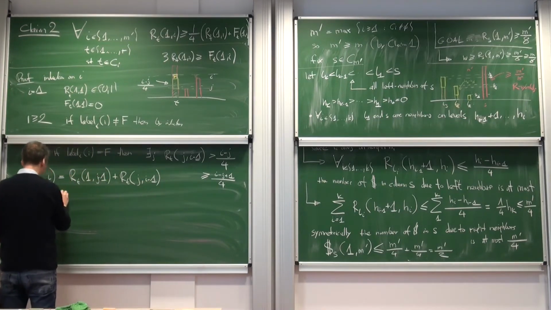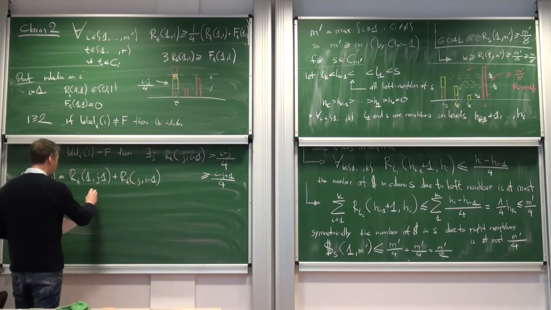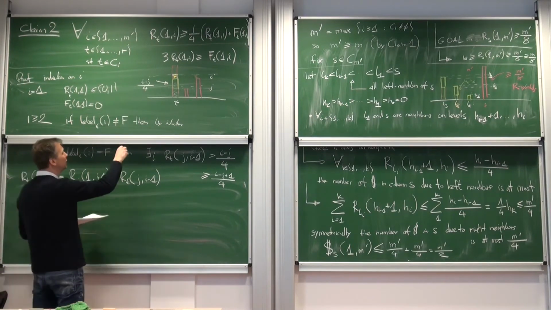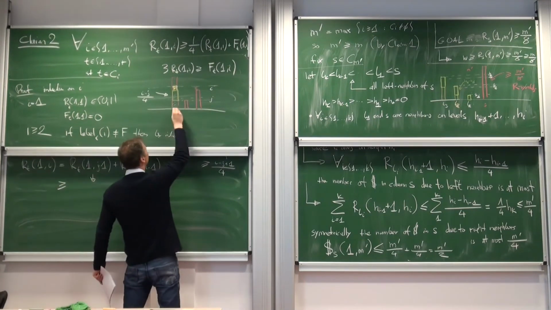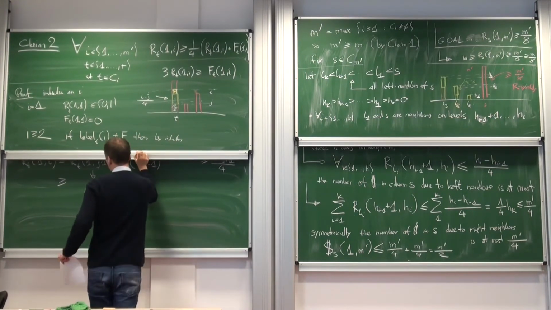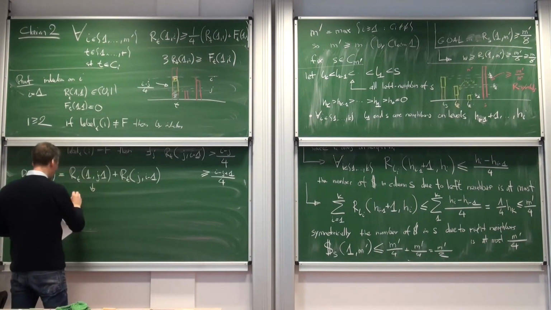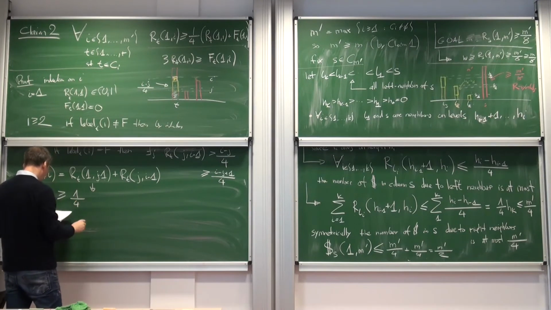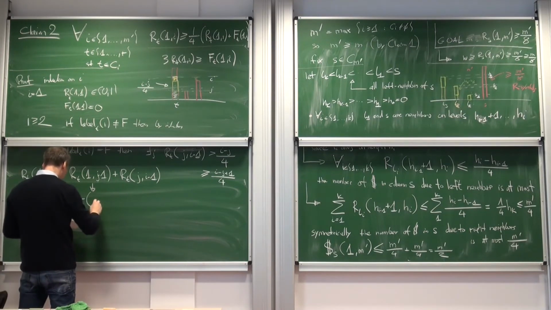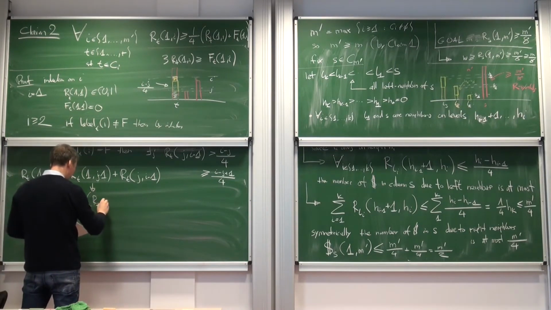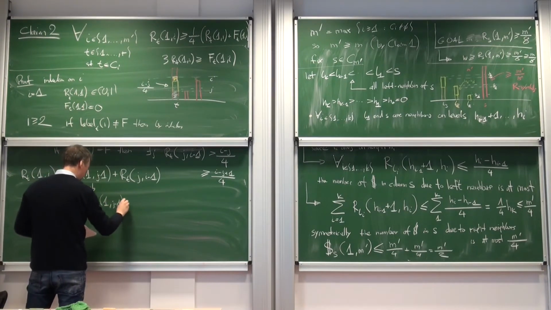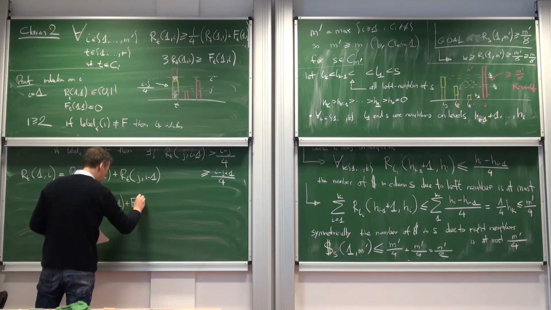Now, by induction, this white portion here, we can get by induction that this is at least 1/4 of the RT, the number of r's in the bottom, plus the number of f's in the bottom.